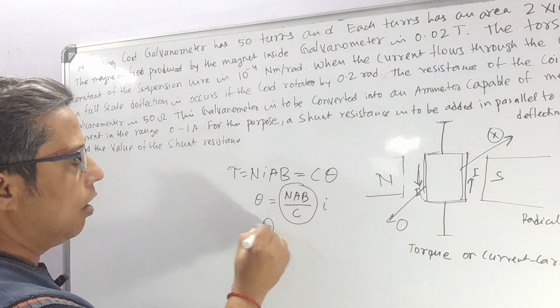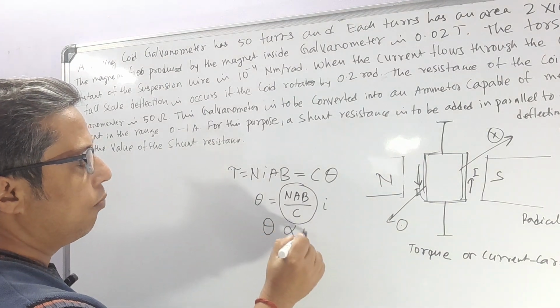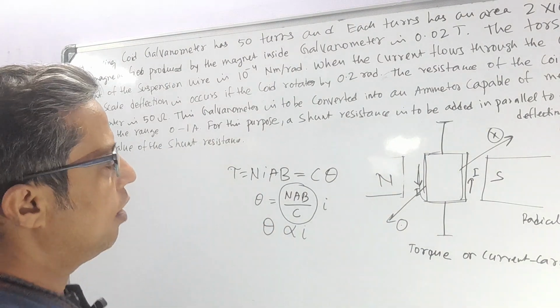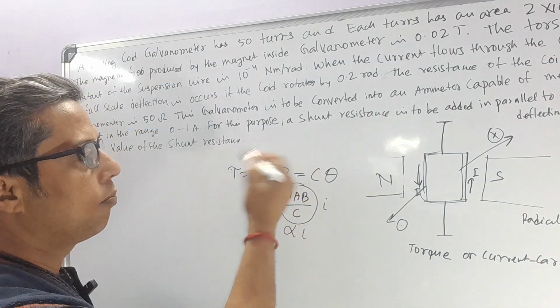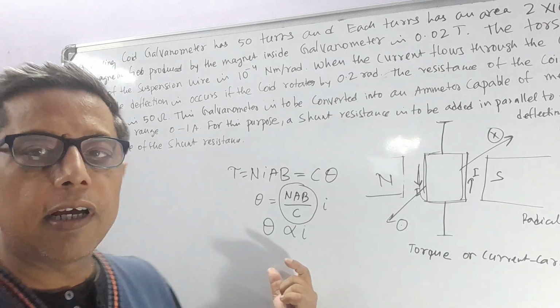So theta, the deflection, is directly proportional to the current I. So this is the theoretical part of the moving coil galvanometer and its deflection.